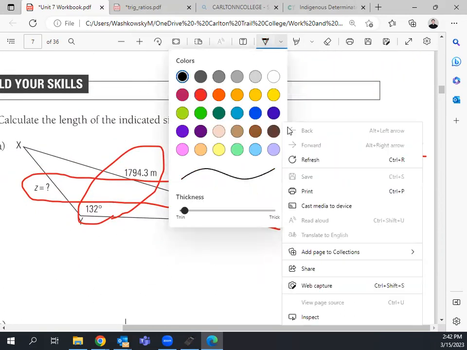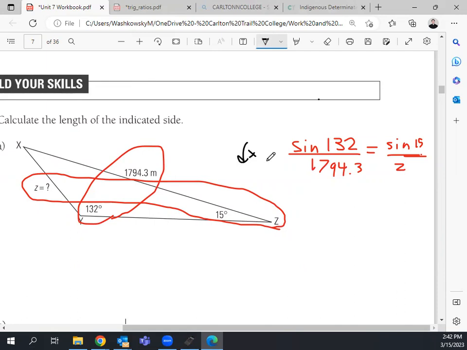To solve, I'll label out the steps here. You would times by Z, then you would times by 17 and sine of 15, and then you would divide by sine of 132.